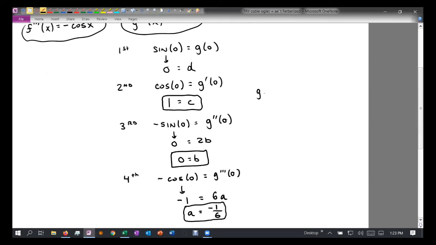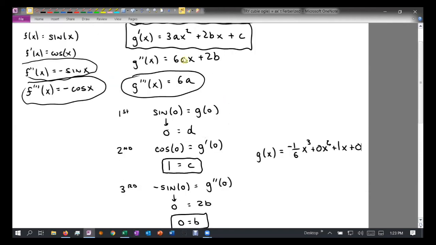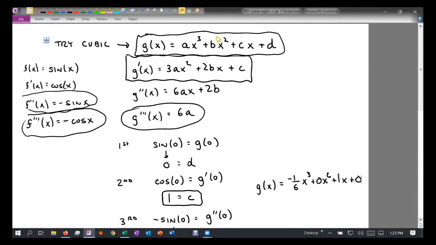So our function should be negative 1/6 x cubed plus 0x squared plus 1x plus 0. Do y'all see what I did there? Just replacing a, b, c, and d into this thing way up here.